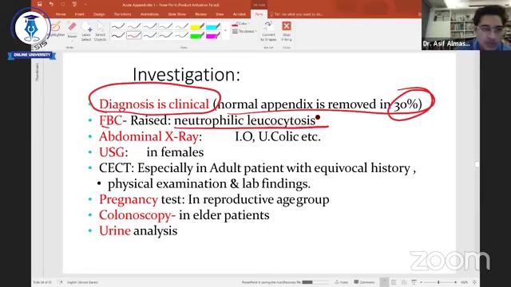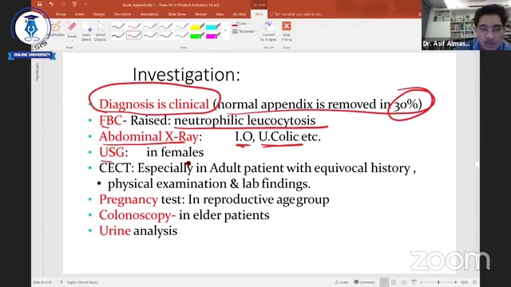You can do an abdominal x-ray, certainly if you suspect intestinal obstruction or ureteric colic, in which you may see some stones in the KUB region. In case of intestinal obstruction, you may see features like dilated bowels, air fluid levels, and other features that we will see in case of intestinal obstruction.